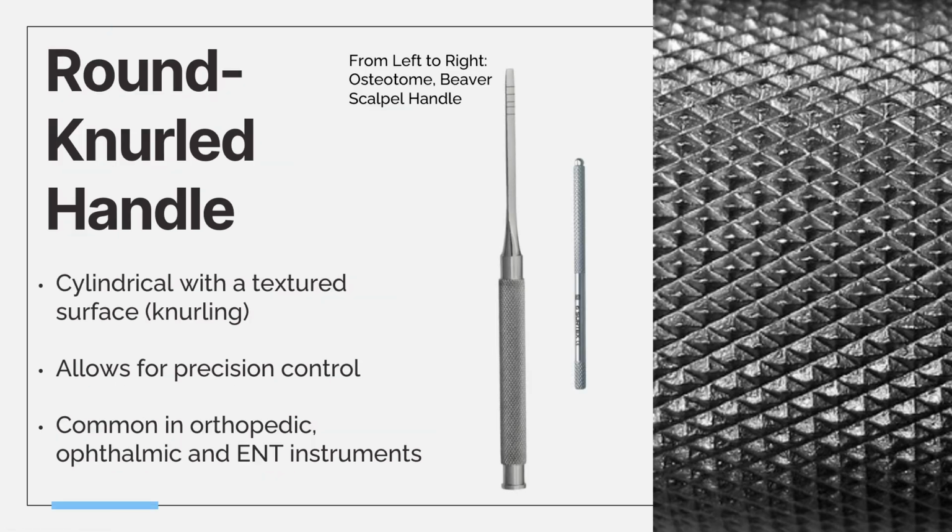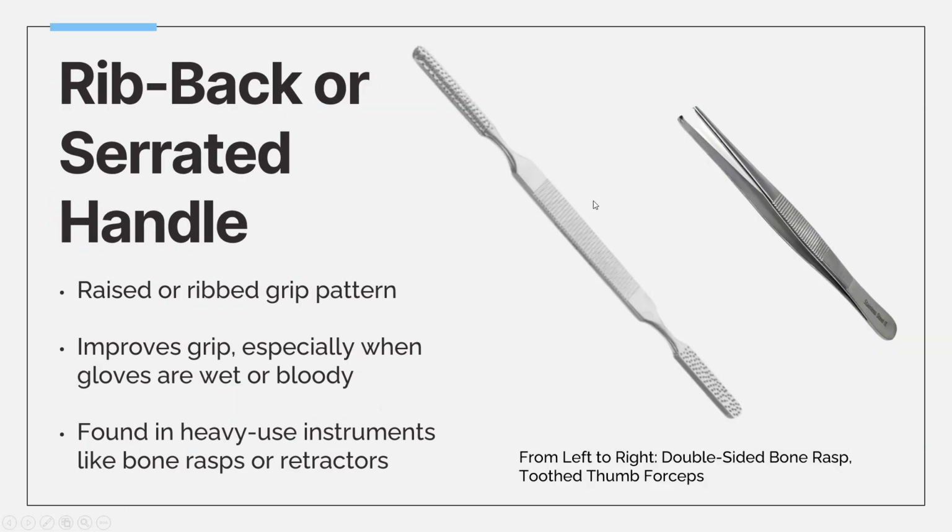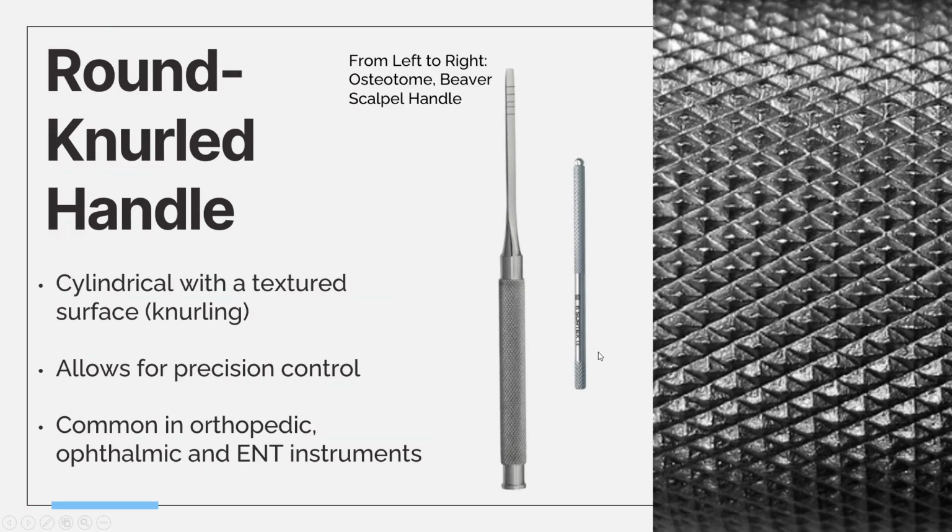And then we have a round knurled handle. It features a textured cross-hatched pattern engraved into its handle, as you can see here. I put a close-up picture of it. This design is similar to the rib back in that it provides a firmer and slip-resistant grip for the surgeon.